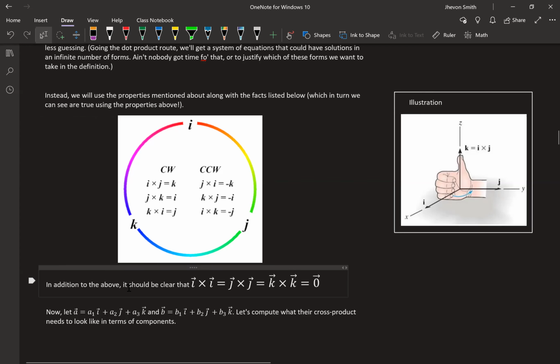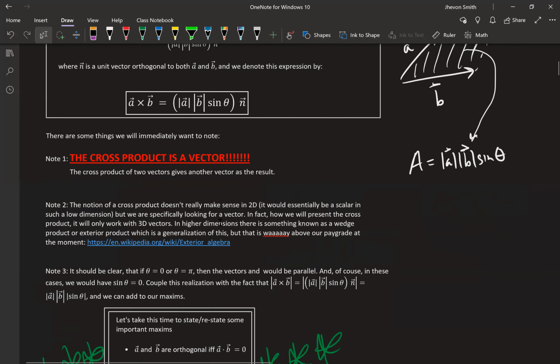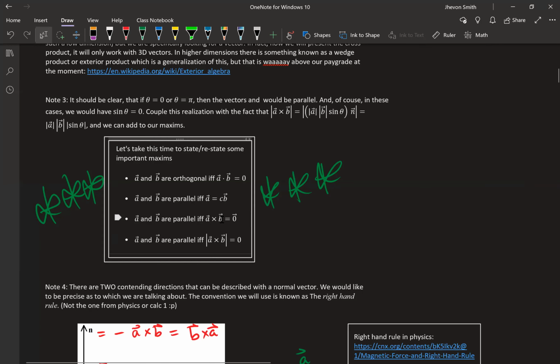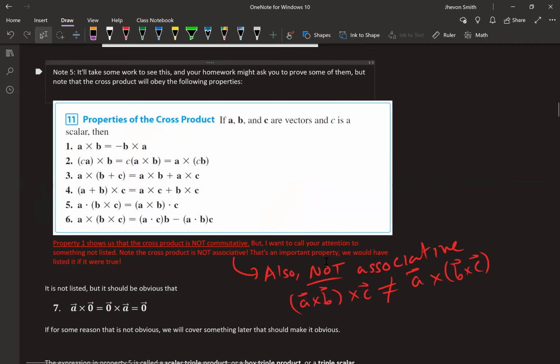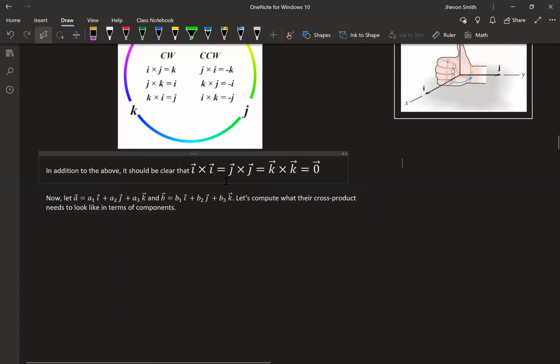Also, based on what I did above, you should realize that i cross i, j cross j, and k cross k are all zero vectors. Why? Because remember, if I have two vectors that are parallel, then their cross product is the zero vector. So the right-hand rule gives us all these relationships, and these I know based on the fact that i is parallel to i, j is parallel to j, k is parallel to k.